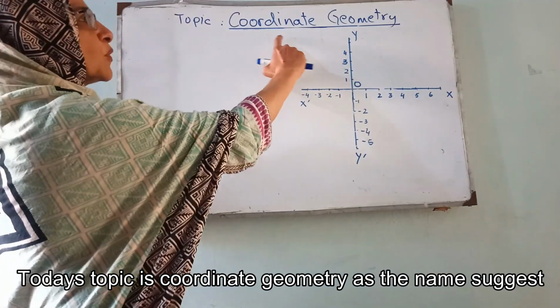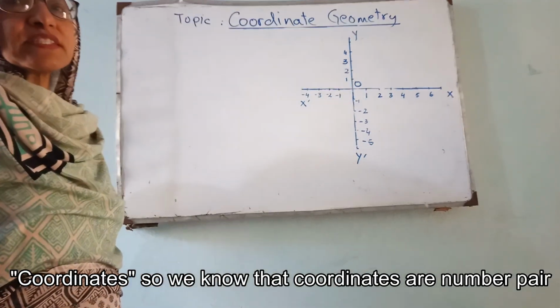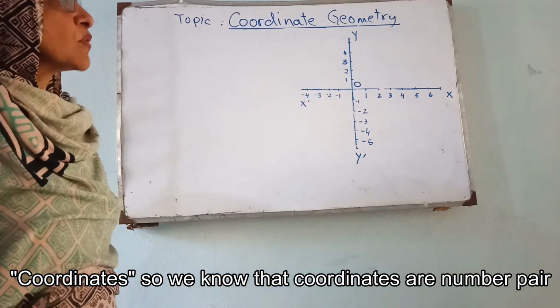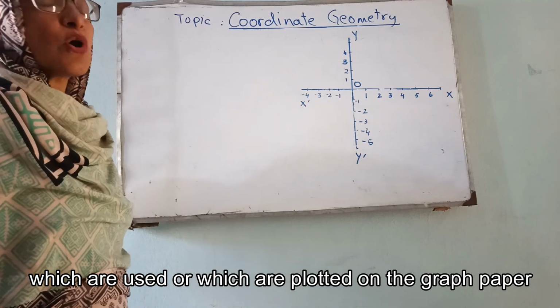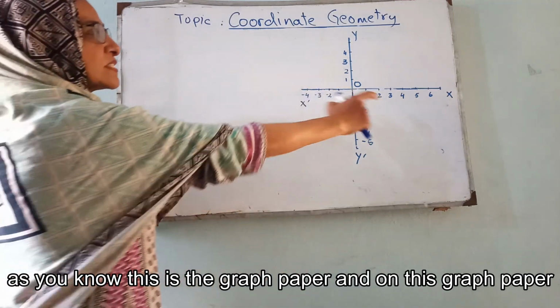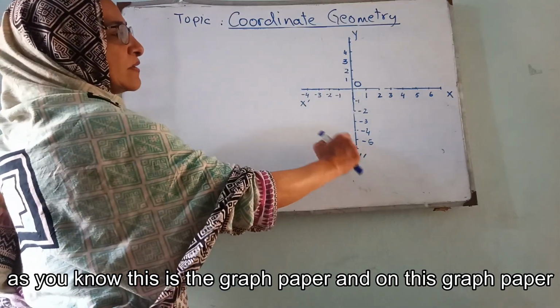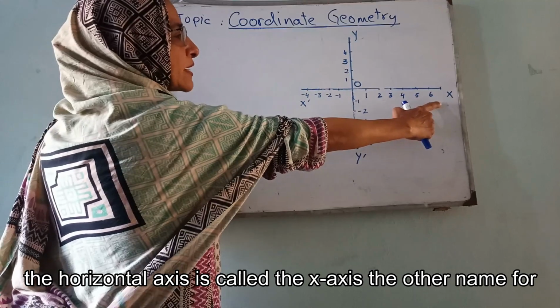Today's topic is coordinate geometry. As the name suggests, coordinates. We know that coordinates are number pairs which are plotted on the graph paper. On this graph paper, the horizontal axis is called the x-axis.